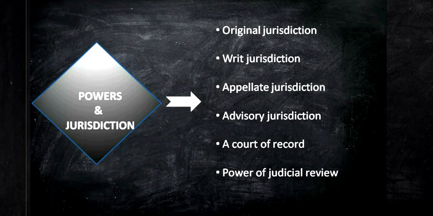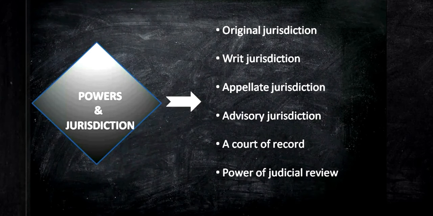Because first of all, jurisdiction means the extent to which the Supreme Court has the authority to try cases, to discuss particular matters, or to deliver a judgment on a particular issue or not. Is it clear? So jurisdiction indirectly implies the power of the Supreme Court. So that's why we are calling it jurisdiction.